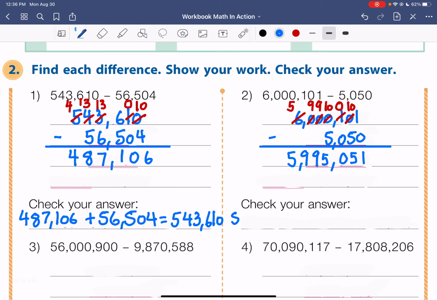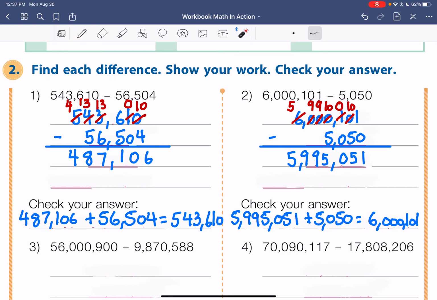Next one, we have 5,995,051 plus 5,050 equals 6,101,000. That's how we check our answer. We're going to add the answer and what we subtracted to check.